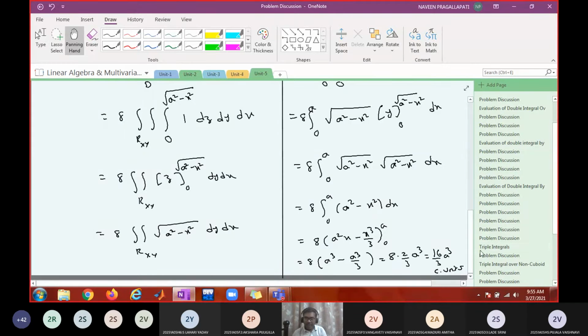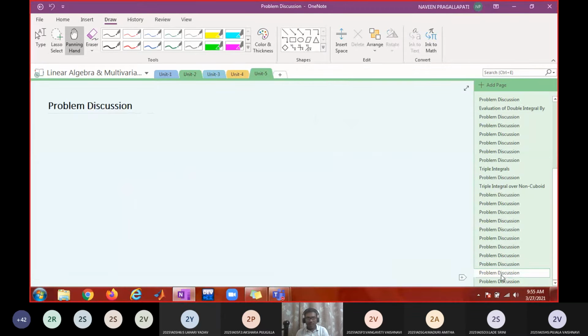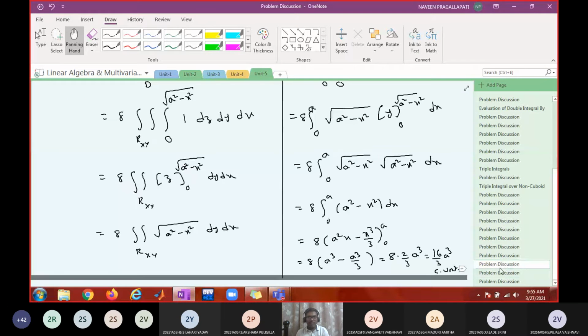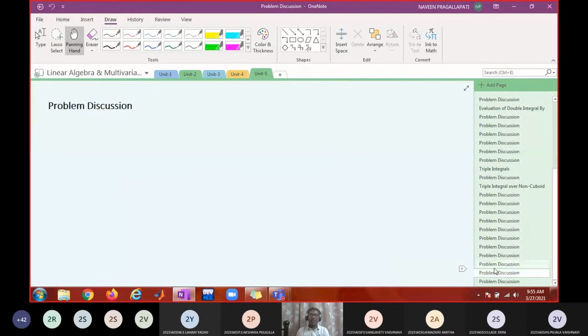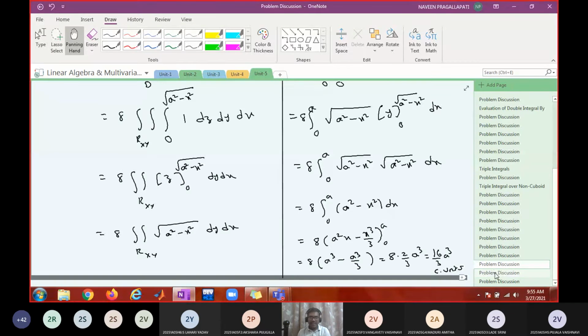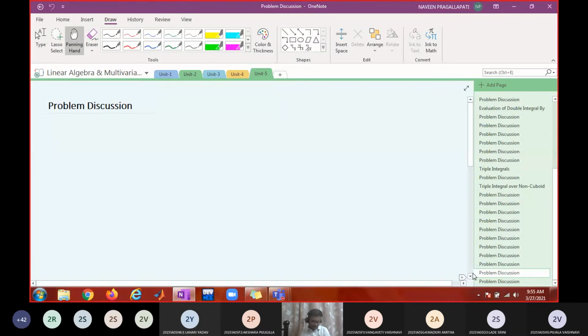Now you have seen change of variables in double integration, no? f of x y equals f of u v, modulus of j, du dv. So similar technique is there in triple integration also.